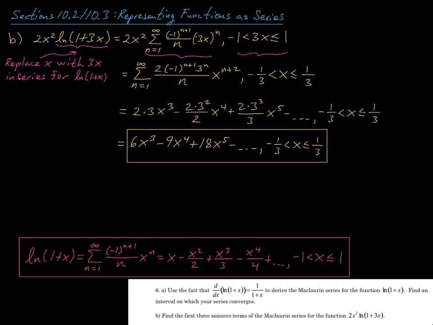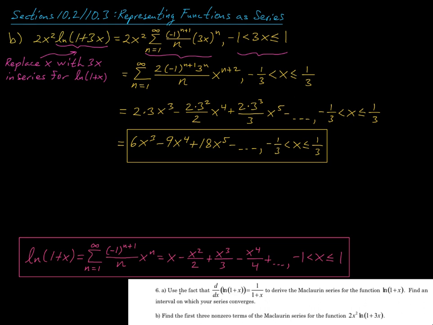And note that when I distribute x squared, that's going to bump up x to the n to x to the n plus 2. And then we still are dividing by n right here. And also note that taking this condition on x, if I divide through by 3, that's equivalent to saying that x is strictly greater than -1/3 and less than or equal to 1/3.